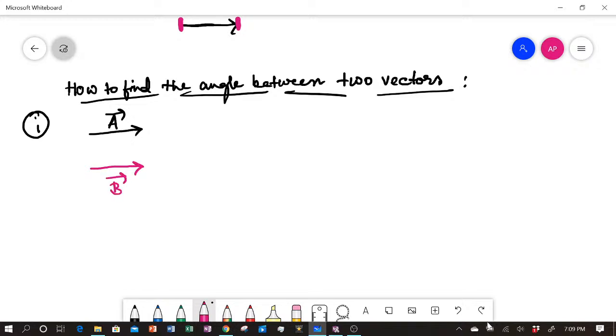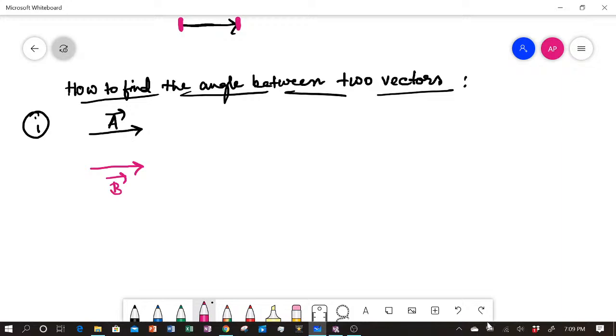Now just tell me, if these two vectors are in the same direction, then what would be the angle between them? Please tell me, guys, what would be the angle between A vector and B vector? Come on, I'm waiting.